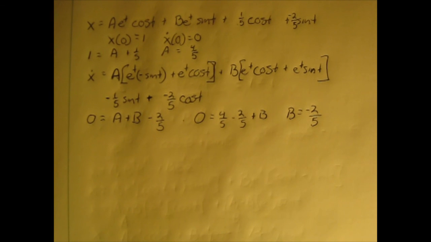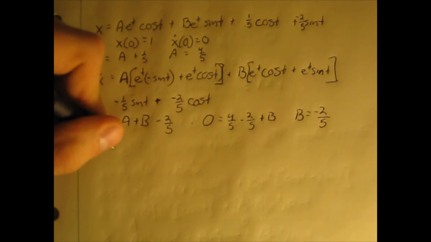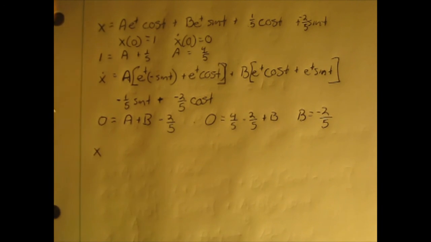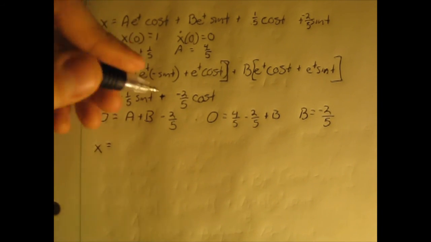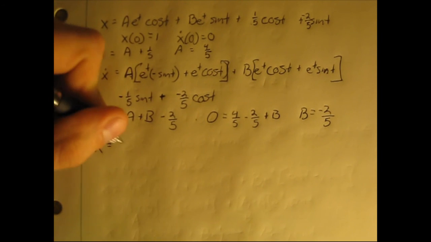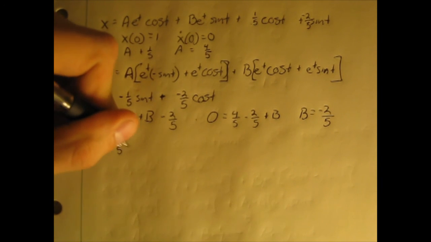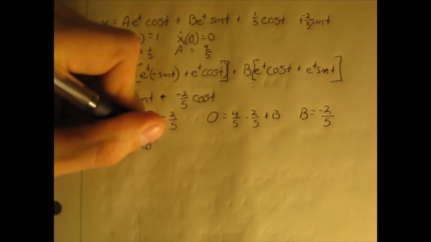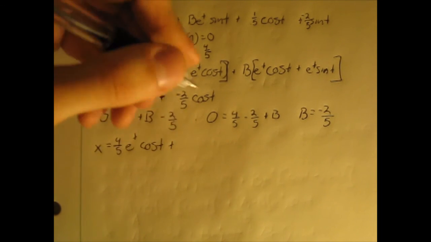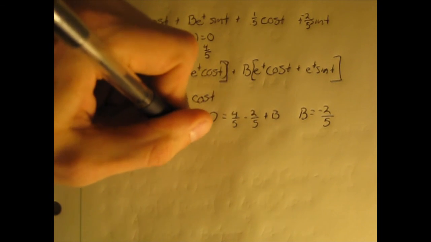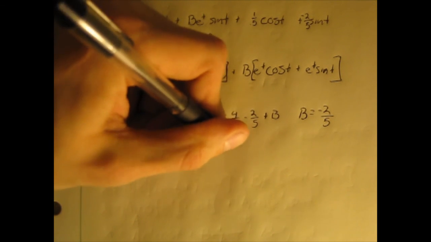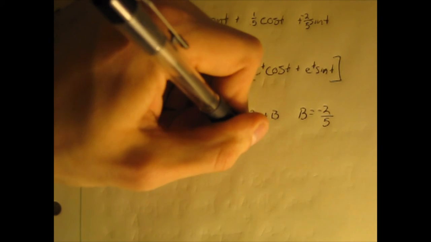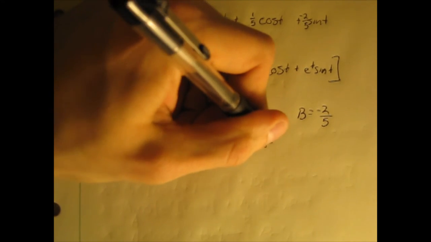So there we go. Now finally let's just rewrite the whole thing for our final answer. So x equals a, which we found out was 4/5, e to the t cosine t plus b, which is negative 2/5, e to the t sine t plus 1/5 cosine t.